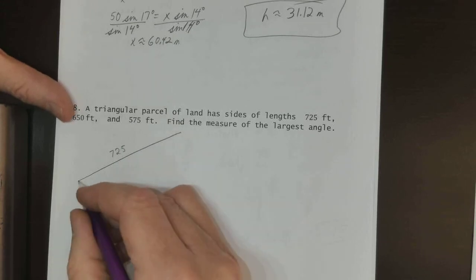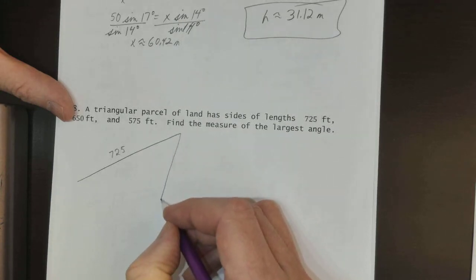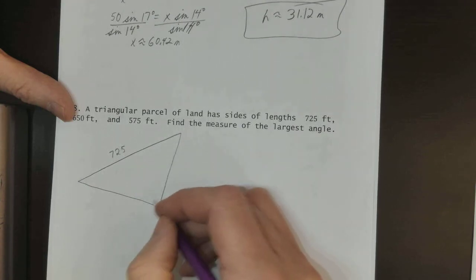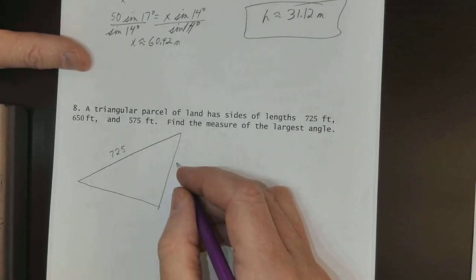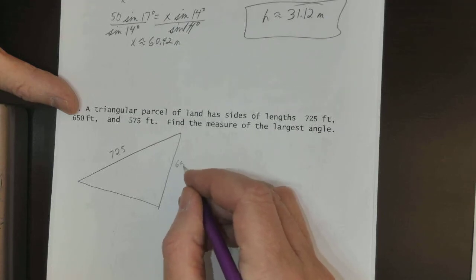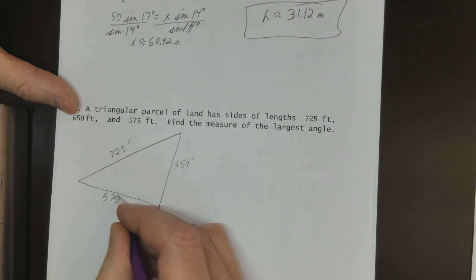I need to draw these smaller. It's not meant to be a right angle. And make this one 650 feet. This is 725 feet, and this is 575 feet.